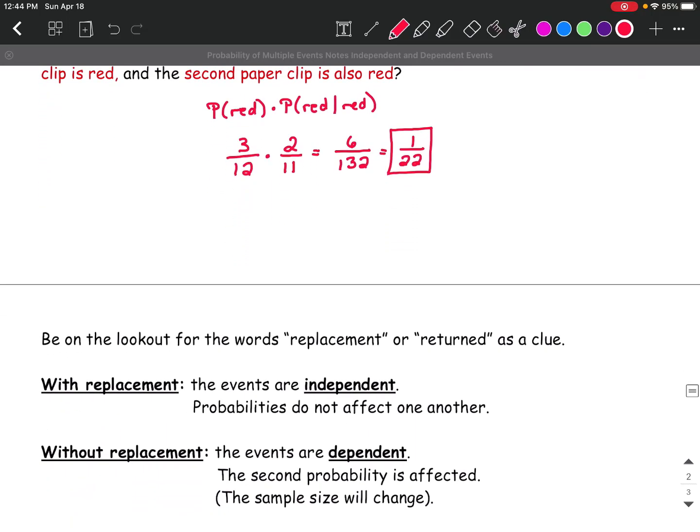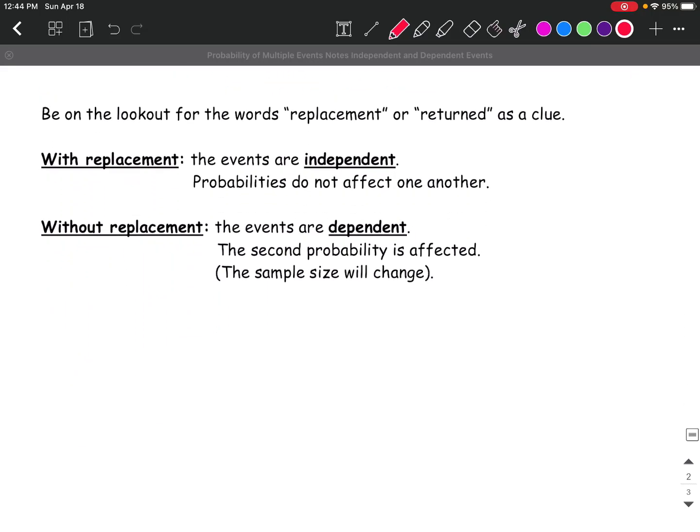Awesome. So now the thing to watch out for, guys, when you're doing independent and dependent is look for those words replacement or returned. With replacement, the events are independent and the probabilities do not affect one another. So it's just the probability of the first times the probability of the second. Without replacement, the events are dependent.